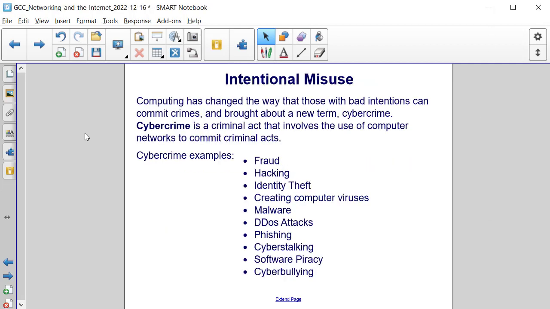Computing has changed the way that those with bad intentions can commit crimes and brought about a new term, cybercrime. Cybercrime is a criminal act that involves the use of computer networks to commit criminal acts. Examples of cybercrime include fraud, hacking, identity theft, creating computer viruses, malware, DDoS attacks, phishing, cyberstalking, software piracy, and cyberbullying.